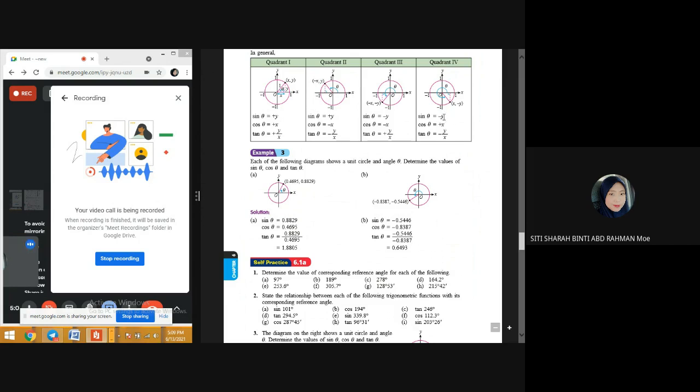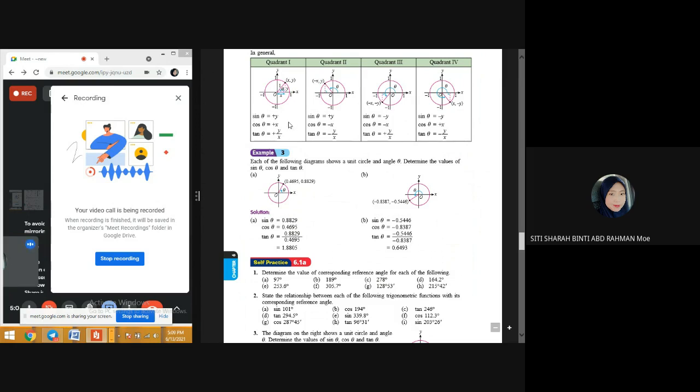So here we can make a conclusion: in quadrants 2 to 4, only one will be a positive value, such as quadrant 2 for sine, quadrant 3 for tangent, quadrant 4 for cos. So in quadrant 1, all the sine, cos and tangent values will be positive.